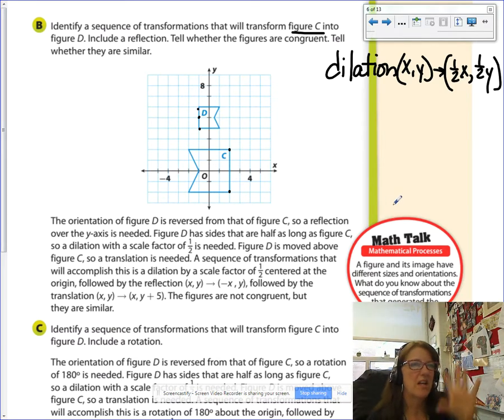So I'm going to take a leap of faith and do my dilation first. Take half of everything. Instead of (2, 2), this corner up here, take half of both coordinates and we get (1, 1). This one, which was at (2, -2), will become (1, -1).